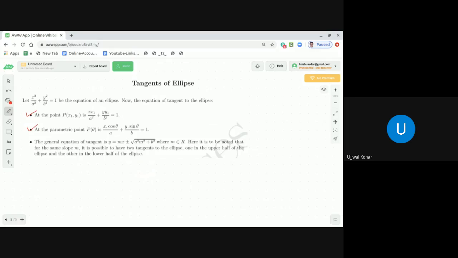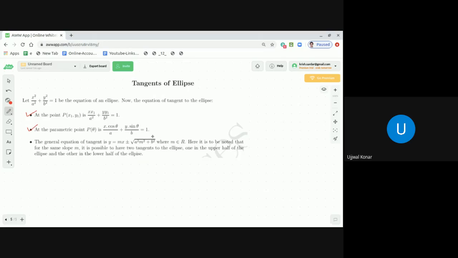That is one unknown, in that way also you can say. So if we draw the tangent at a parametric point theta, then the equation of the tangent will be x cos theta by a plus y sin theta by b equal to 1. I hope these two points are clear.